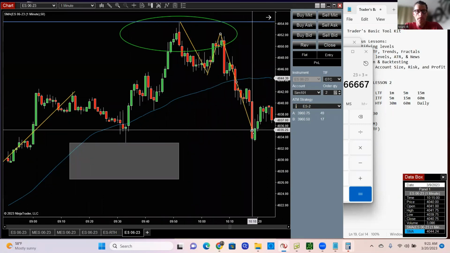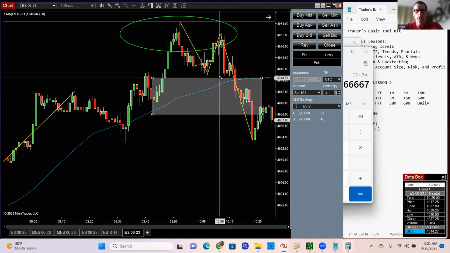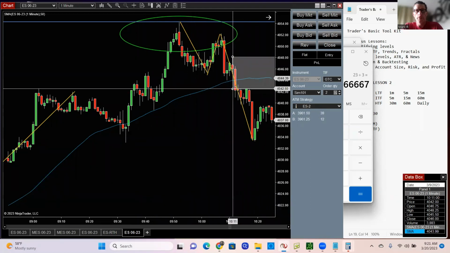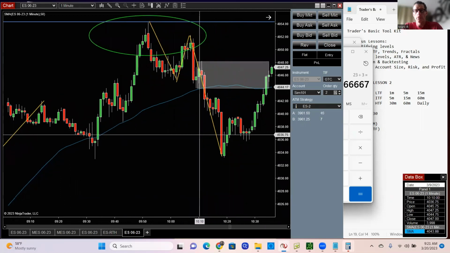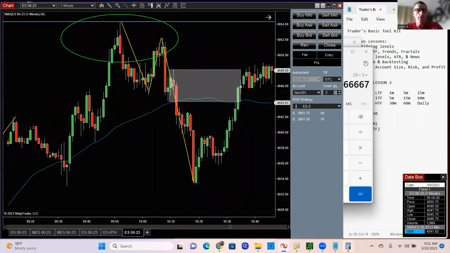So at this point, I'm going to take a shot. I don't know what this did, but it wouldn't be crazy for this area to hold right here and price to come back to there and go lower. Okay, got in there. There's another level here.